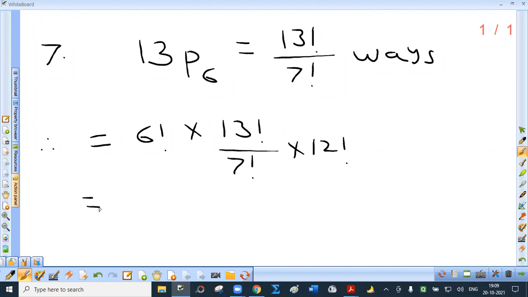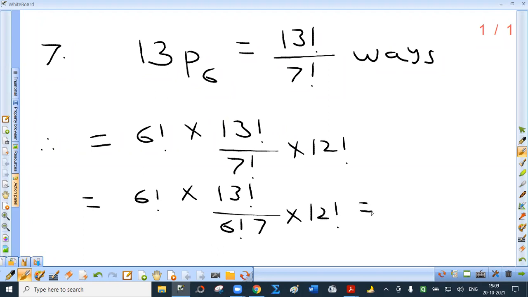Now we will simplify this much. 6 factorial as it is, 13 factorial as it is. What is 7 factorial? 6 factorial into 7, 12 factorial as it is. So it is 12 factorial into 13 factorial divided by 7. That's it.